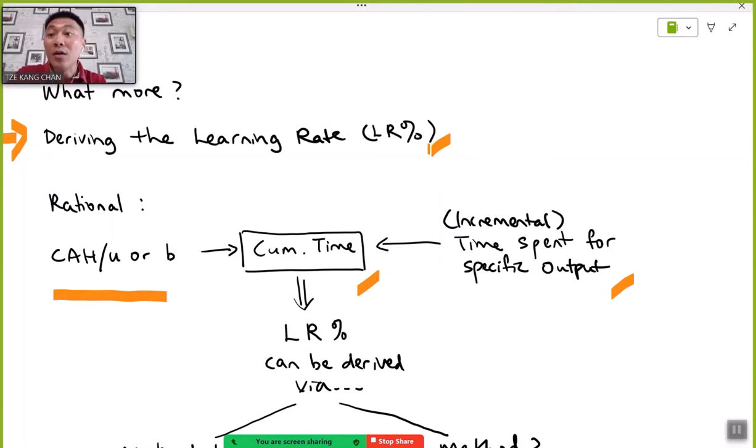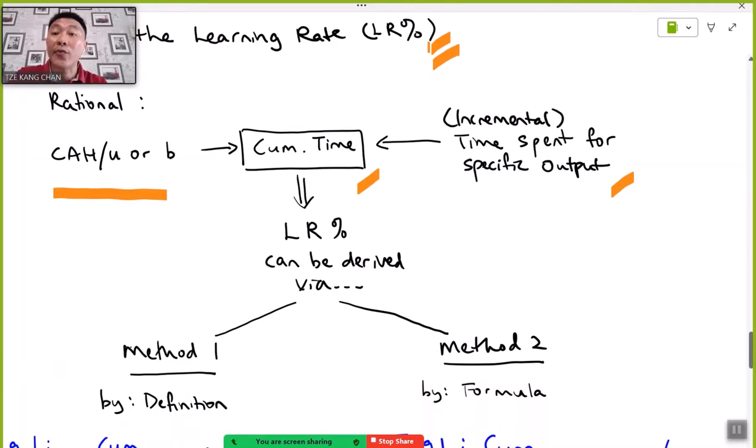And now, given that we're looking at learning rate, where do you find learning rate? How do you derive the learning rate? The clue is that it all comes from the cumulative time. So all the workings to derive the learning rate will have to be based upon the readings, the results that you found on the cumulative time or cumulative hours.